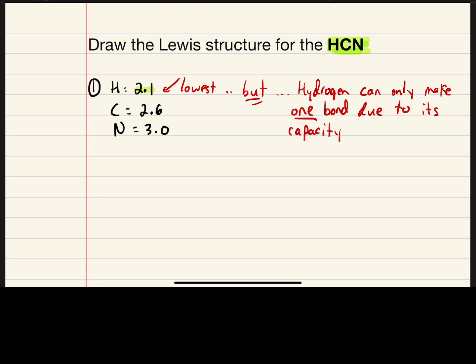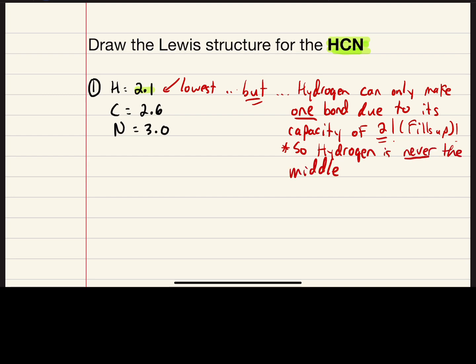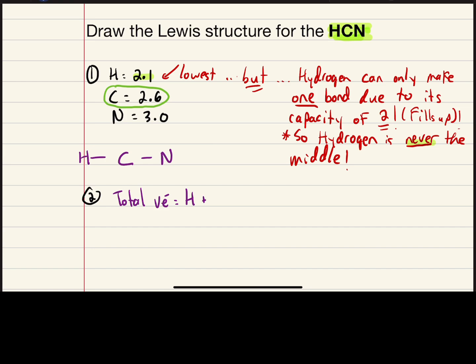So hydrogen is special because after 2 electrons it fills up. So it's not ideal to put it in the middle because it could only make 1 bond. So hydrogen can never be in the middle, again, especially in multi-atom compounds where you need to make more than 1 bond. So what we're going to do is go to the next best option, which is carbon. And so putting carbon in the middle and then hydrogen on the side.